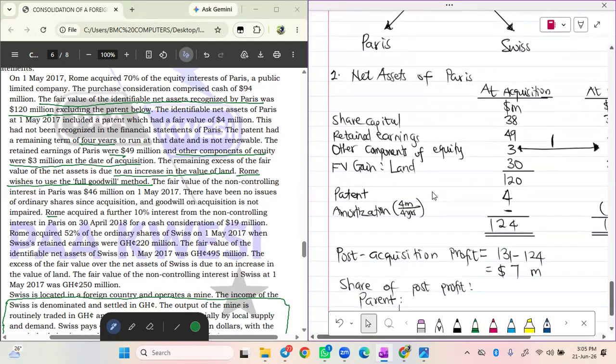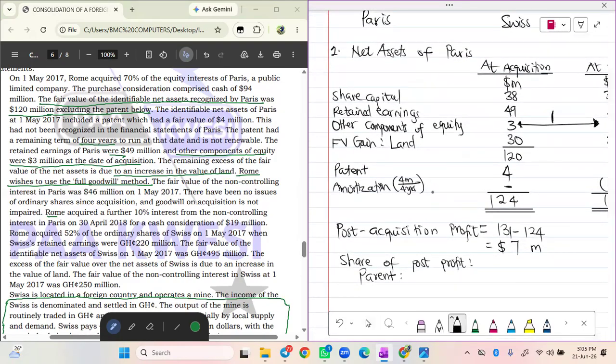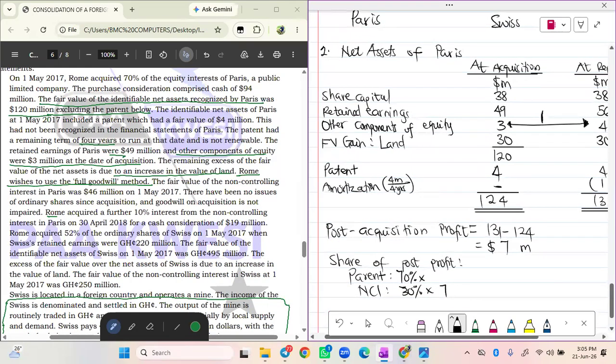That's what we learned under step acquisition, control to control. The parent will take 70%. NCI will take 30%. Now, mind you, there is a difference in the other components of equity, and we know what to do. Before you share the profit to the parent, you deduct that difference. So 7 minus 1.